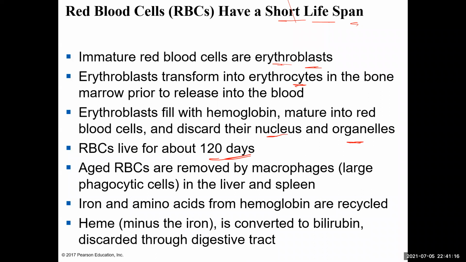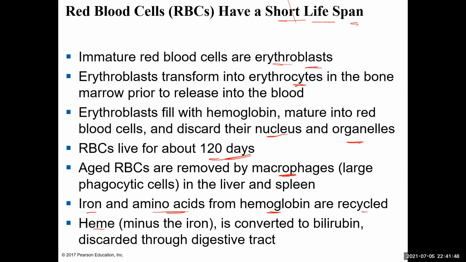Okay. When those red blood cells have aged out and are not functioning appropriately anymore, they'll be broken down by macrophages in the liver and spleen, and then their components, the waste, will either be gotten rid of from the body, or other portions like the iron and amino acids from the hemoglobin proteins are recycled and reused in the body.